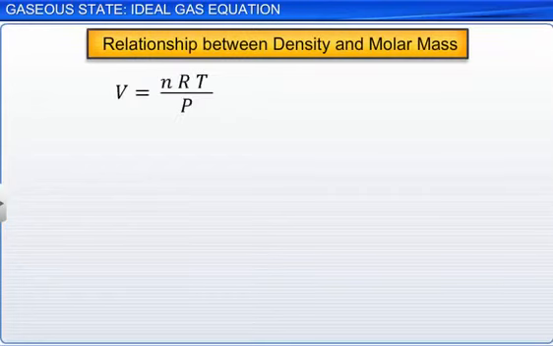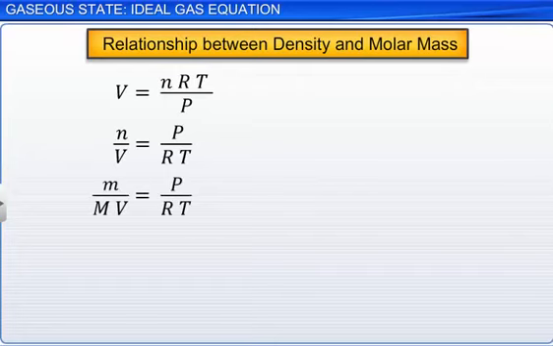On replacing number of moles N with mass of the gas m by M, we get the equation m divided by M into V is equal to P divided by R into T, where M is molecular mass of the gas. We know that m by V is equal to D, where D is the density of the gas.